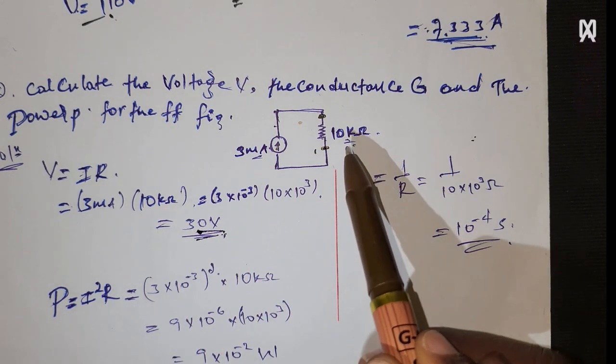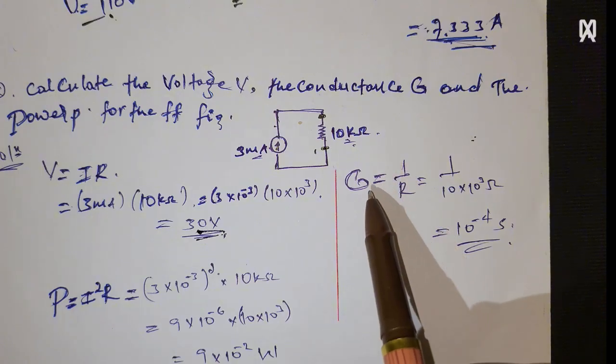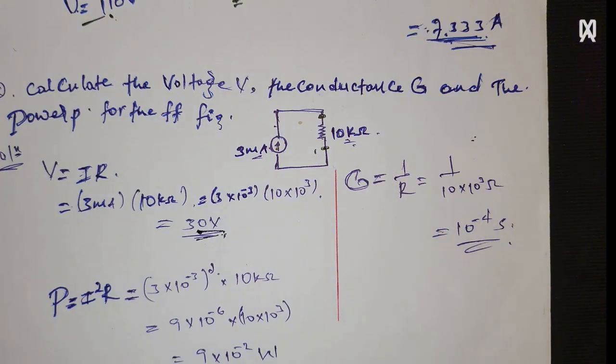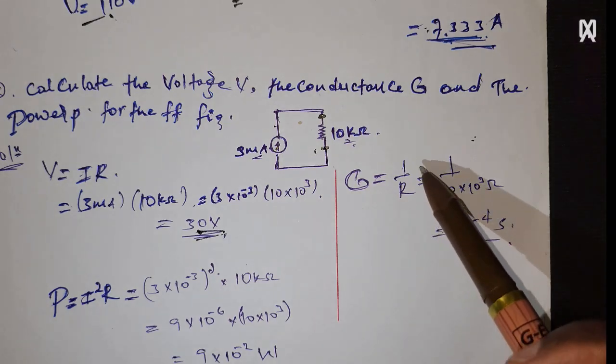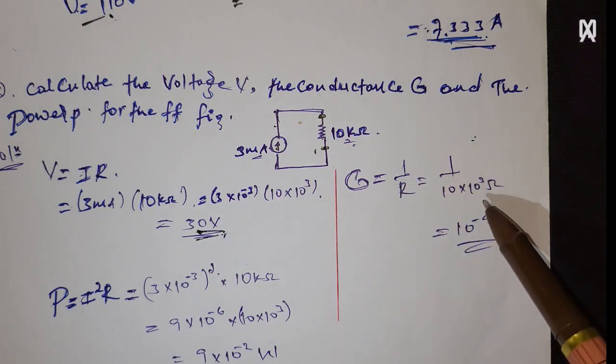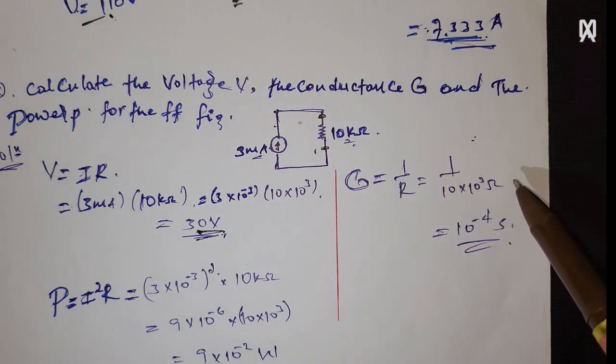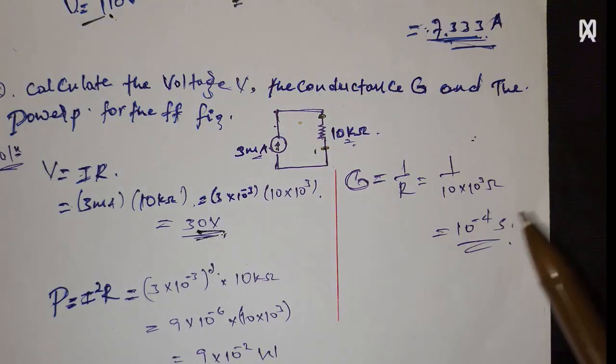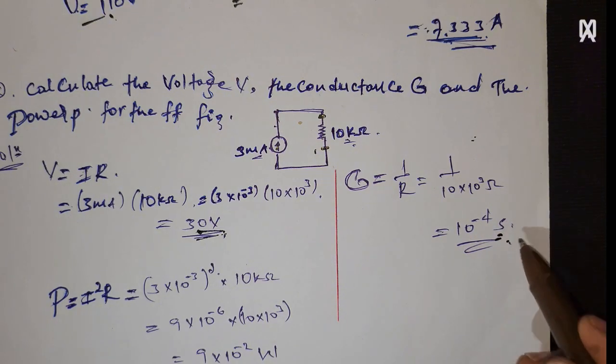The conductance is the inverse of the resistance, G is 1 over R, 1 over 10 times 10 raised to 3 ohm, which is 10 raised to minus 4 Siemens. It is given in Siemens.